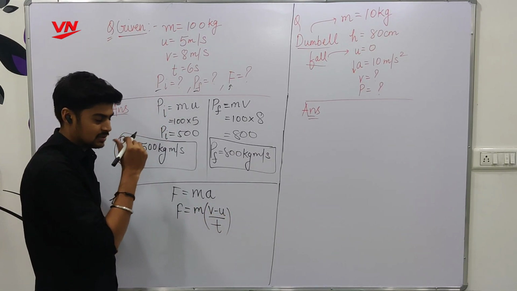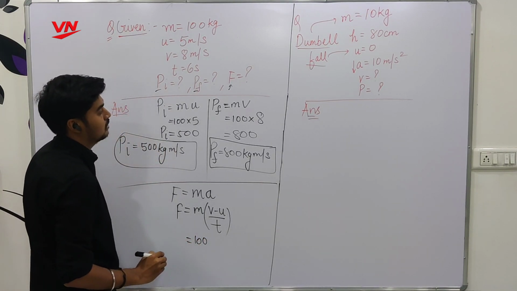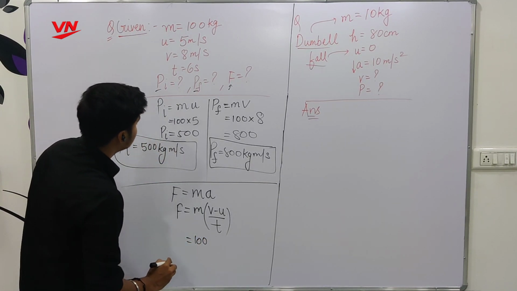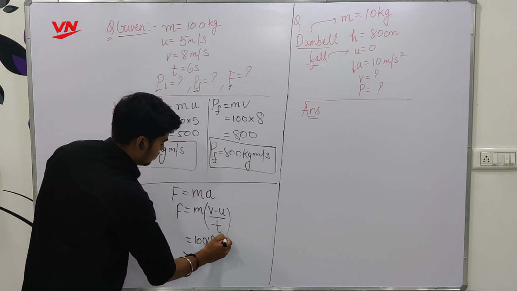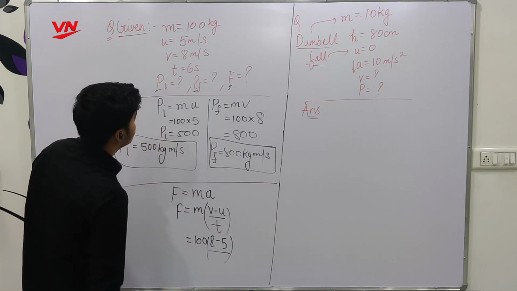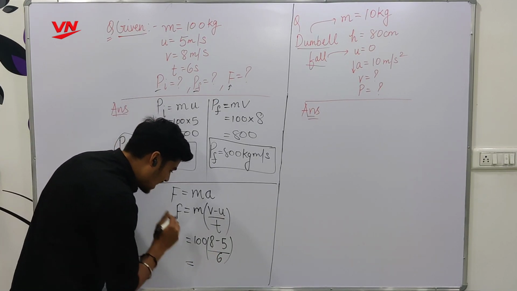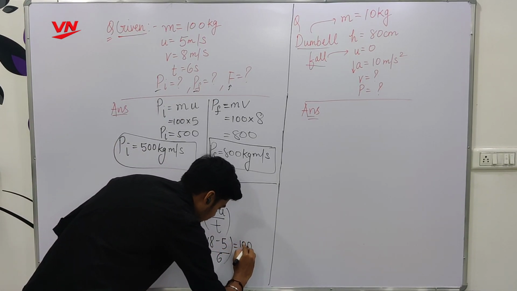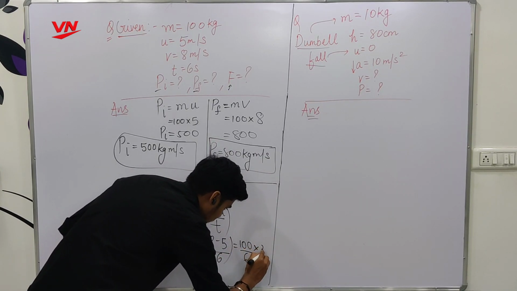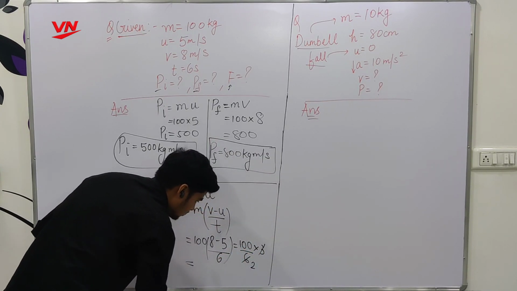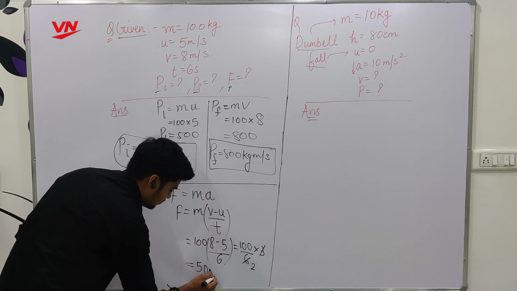These are the basic formulas that you have to remember. Mass is 100, final velocity 8, initial velocity 5, and the time was 6. You will get 100 by 6 into 8 minus 5, which is 3. 3 2s are 6, so 100 by 2, you will get 50. Unit will be Newton.